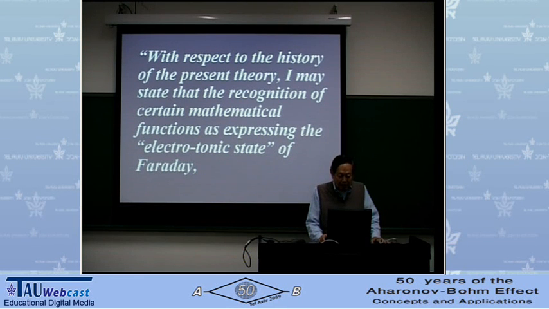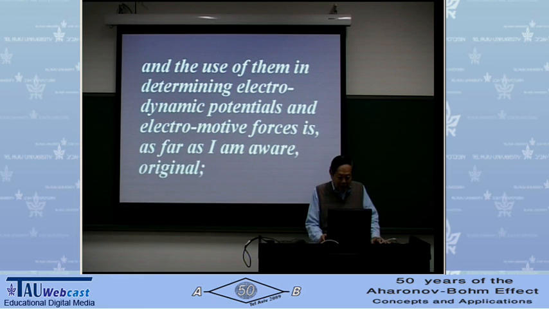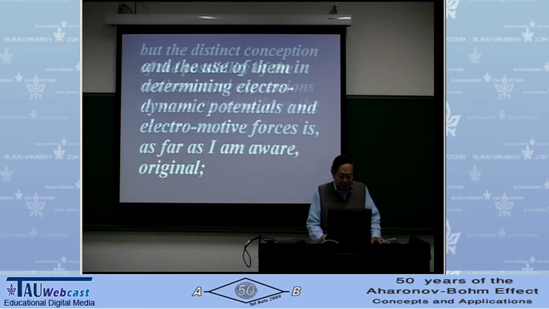So at the end of the paper, he had this paragraph: "With respect to the history of the present theory," that means electrotonic state is equal to A, "I may state that the recognition of certain mathematical functions as expressing the electrotonic state of Faraday and the use of them in determining electromagnetic potentials and electromotive forces is, as far as I am aware, original.